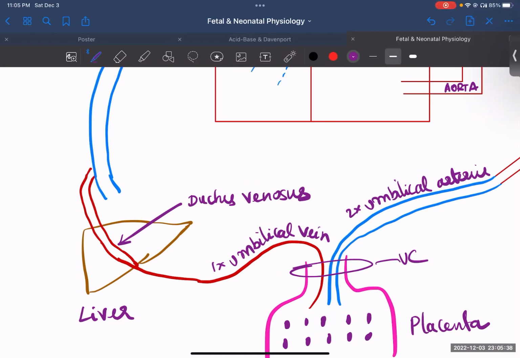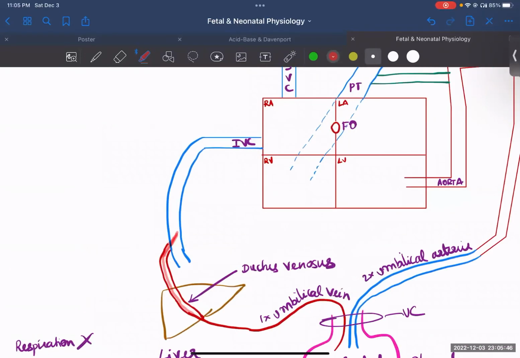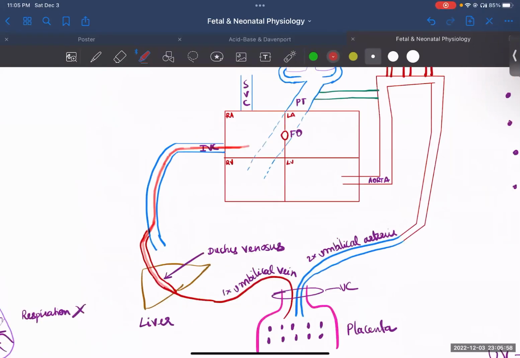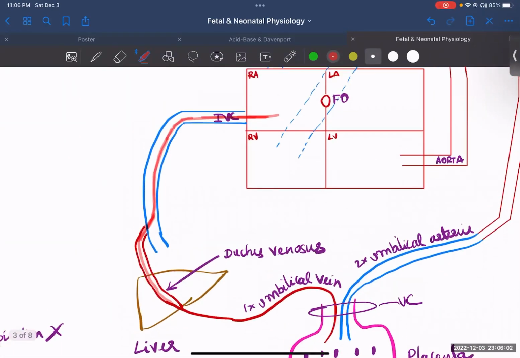This ductus venosus is going to put oxygenated blood inside your inferior vena cava. Now, this oxygenated blood is going to travel along one side of the inferior vena cava and enter the right atrium. Again, to recollect, this is your oxygenated blood coming from your umbilical vein.